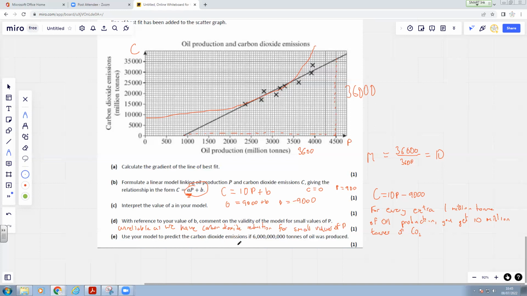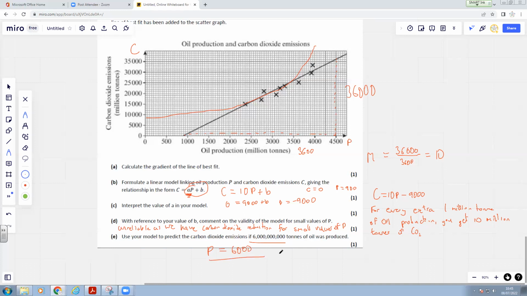Use your model to predict the carbon dioxide emissions if 6 billion tons of oil was produced. Well, that means that P is 6,000. Watch out for that. Because P is already in the millions of tons, you've got to set P equal to 6,000.